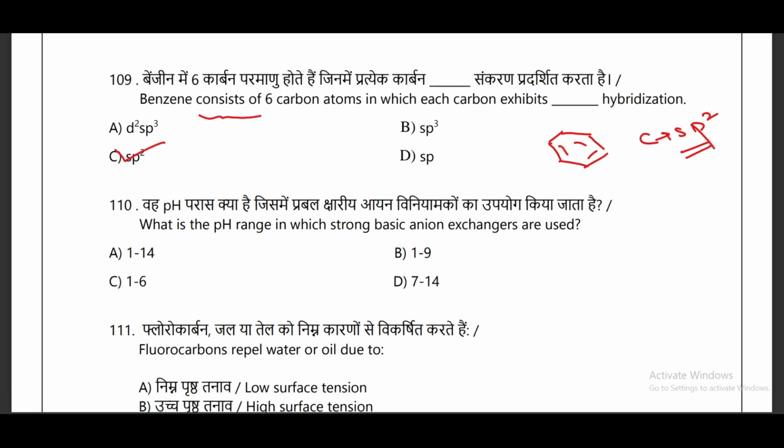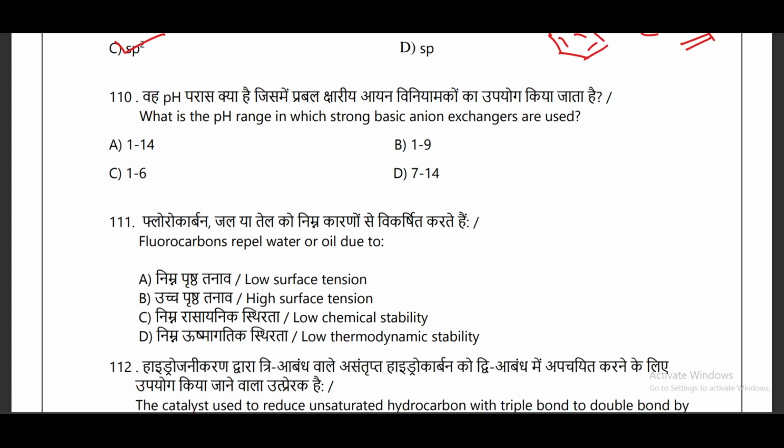In the last question, what is the pH range in which strong basic anion exchangers are used? Strong basic anion exchangers are designed to operate across the entire pH range, from highly acidic pH 1 to highly basic pH equal to 14.